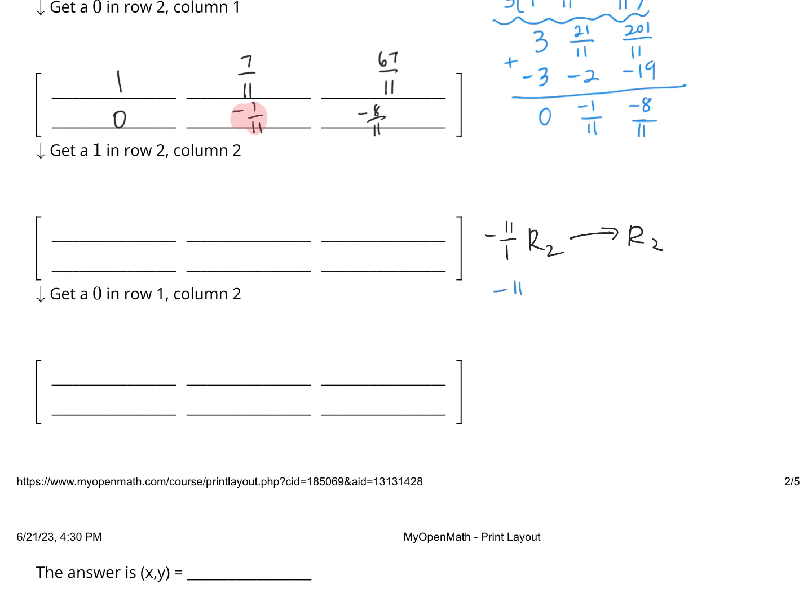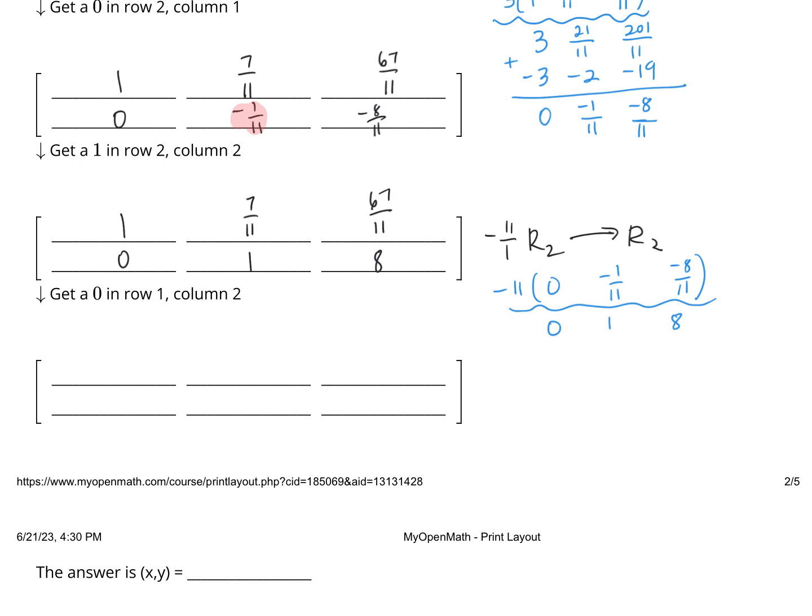Negative 11 times 11 over 1, or 11, it's the same thing. 0, negative 1/11, negative 8/11. So when we multiply, we'll get 0, 1, and 8, because the 11s just cancel out with the denominator. So we have 1, 7/11, 67/11, and the new row 2 is 0, 1, 8.